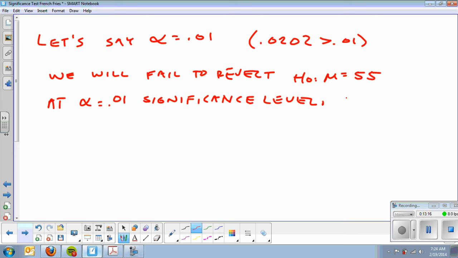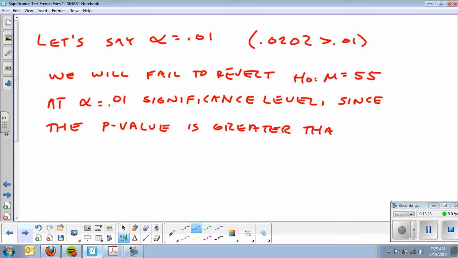Comma, since the p-value is greater than alpha. And that, again, is the 0.0202, which is greater than 0.01.